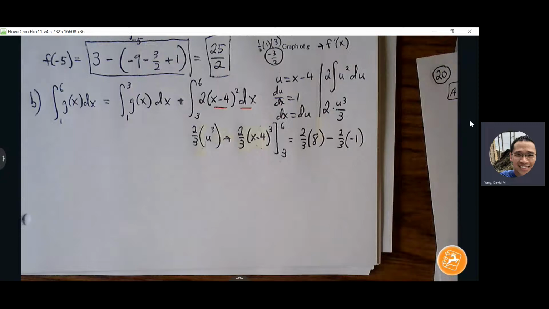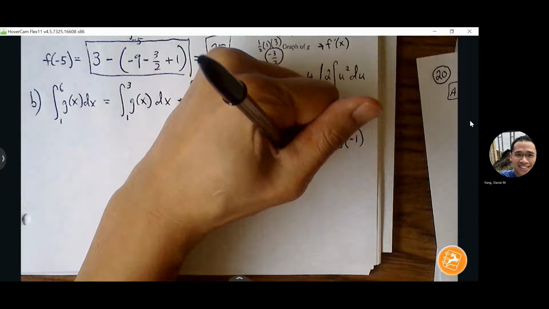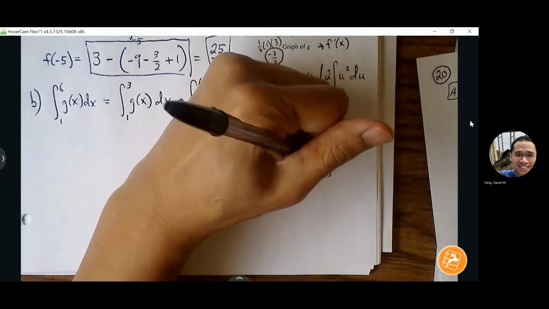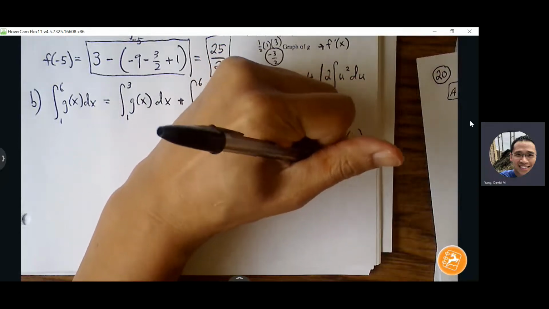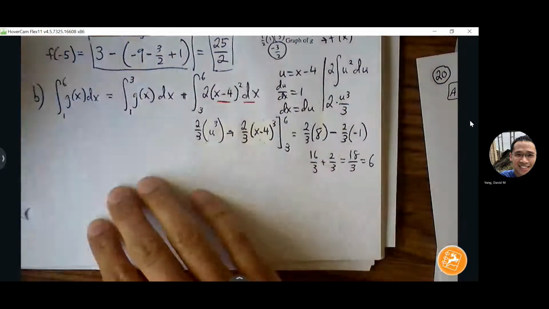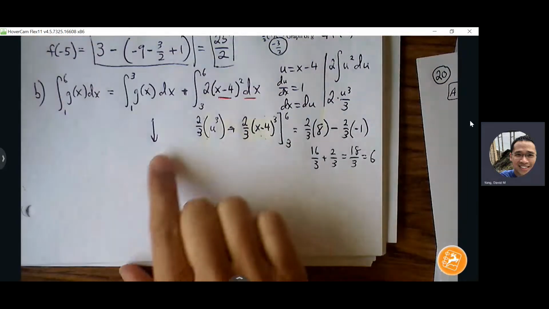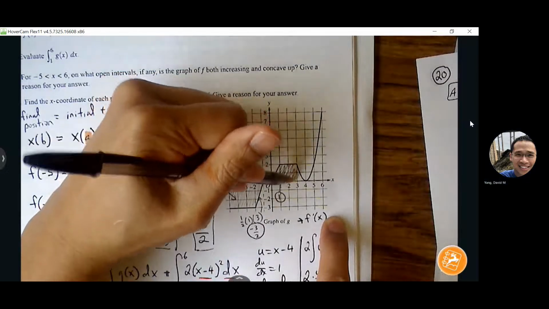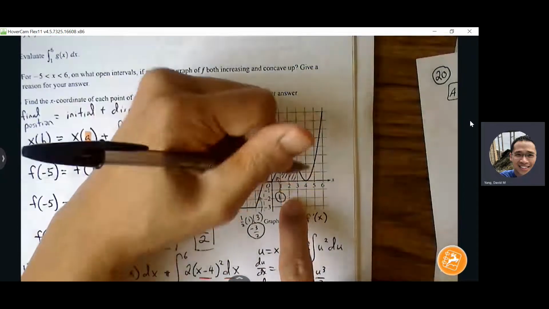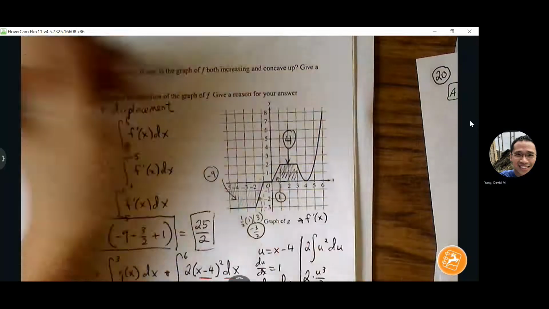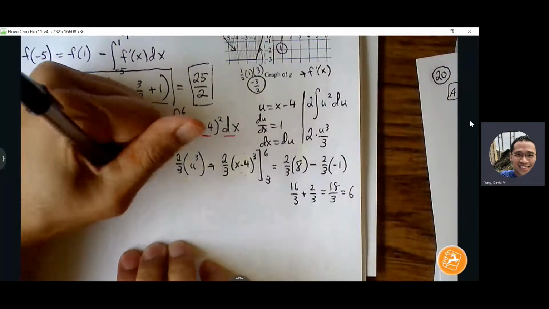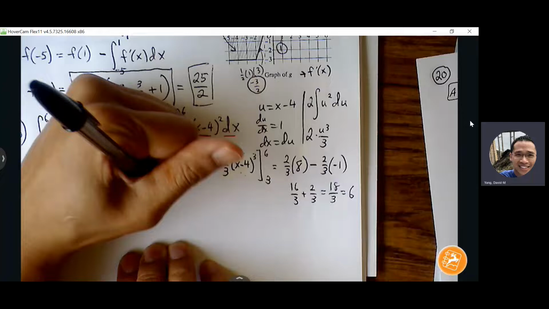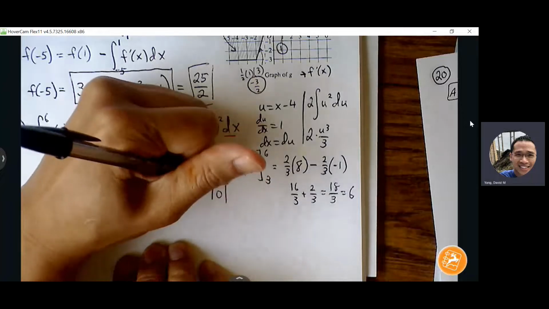So 2/3, sorry, 16/3 plus 2/3 is 18/3, and 18/3 is equal to 6. So the area of this rectangle here, from 1 to 3, is width times height with an area of 4. So that's the first part. The second part, we use u substitution to get 6. And so our total is 10.